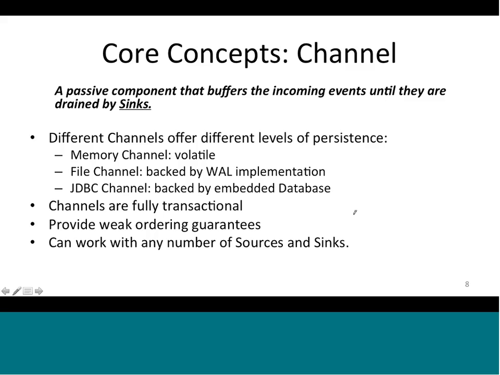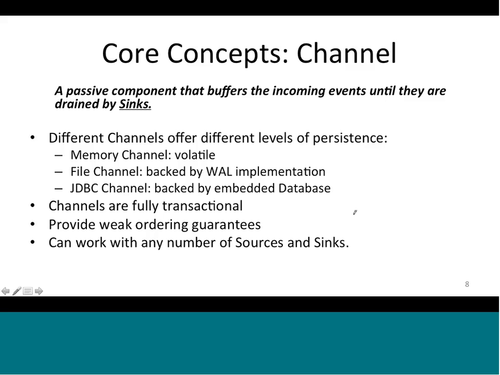You start a transaction, in that transaction you read a bunch of records, events, and you do something with them. If there is a failure, you can pick up the same batch again from the channel. If there is a success and you commit to the channel, those events are then marked as completed, and in that sense it is transactional.